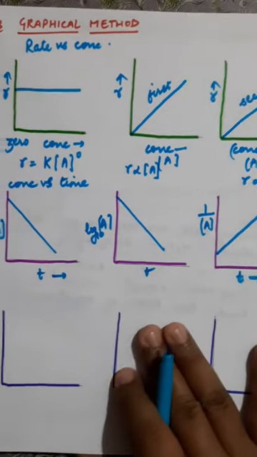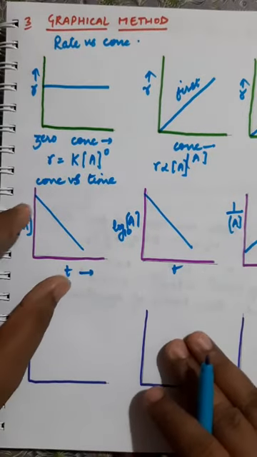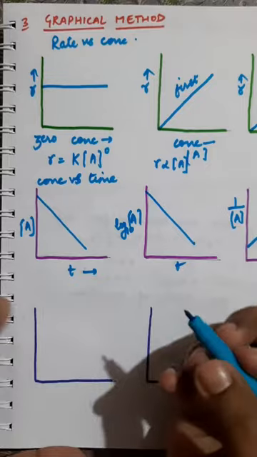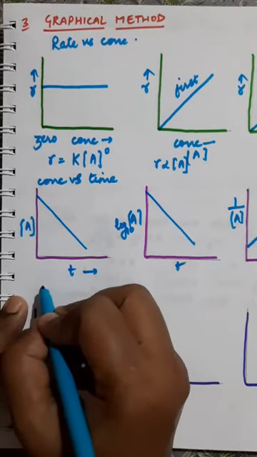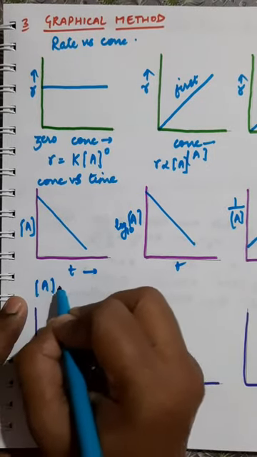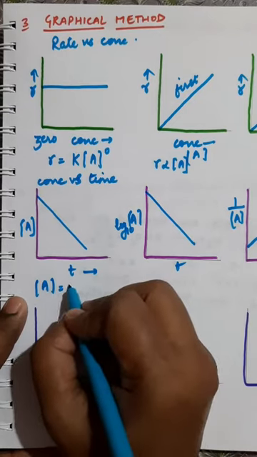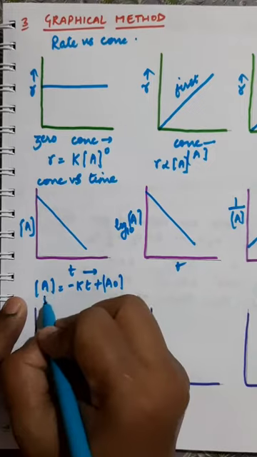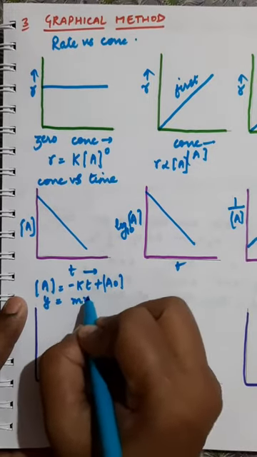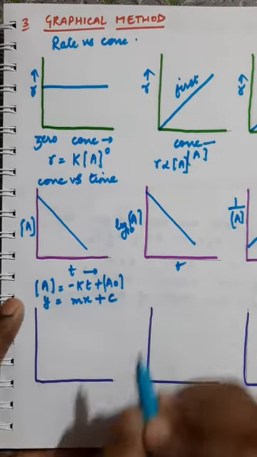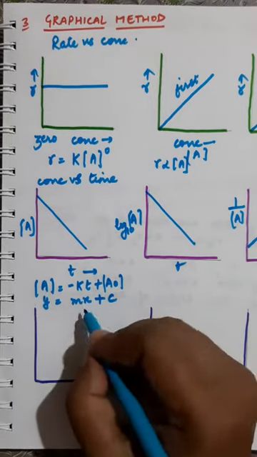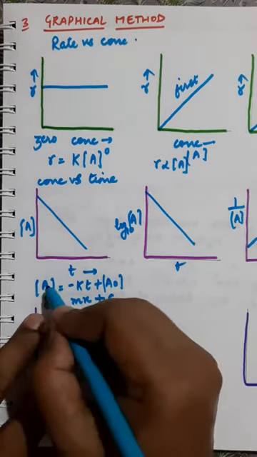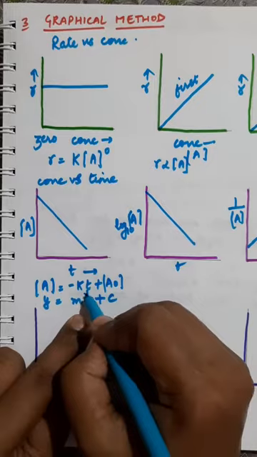So how can you identify the type or order of the reaction from the graph? See, for zero order reaction, the expression is A is equal to minus KT plus A naught. If you compare this with the linear equation y is equal to mx plus c, it is a straight line graph. Y is A and t is the x-axis.